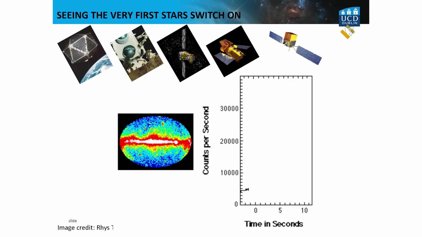This is an example here of one that we see with the gamma ray detector in space, going up and down, reaching a peak. And at the peak, the gamma ray burst outshines all the other sources of gamma rays in the universe combined. They're called the biggest explosions since the Big Bang itself.